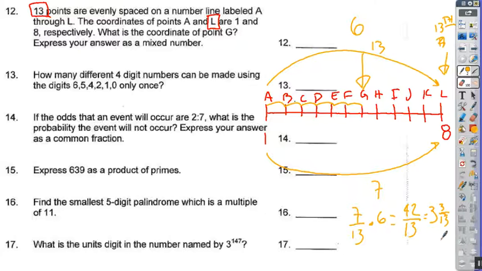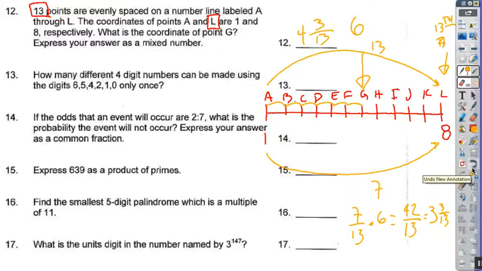Well, you might think that's the answer, but wait, there's more. Since we are going 3 3/13 spaces, we have to see where we started. Well, we started at 1. Therefore, point G is my 3 3/13 plus my 1, for 4 3/13.